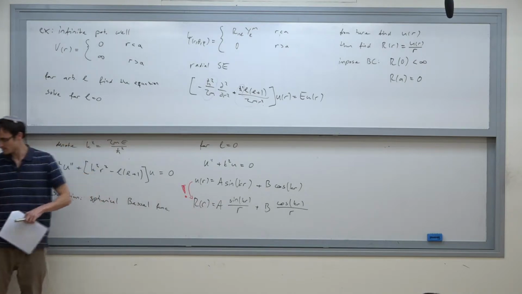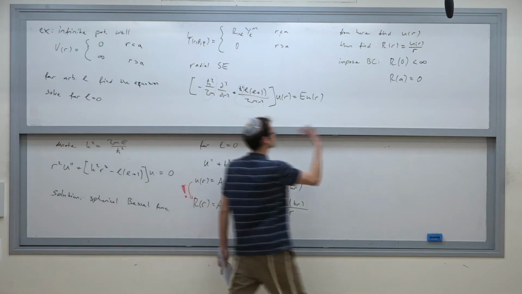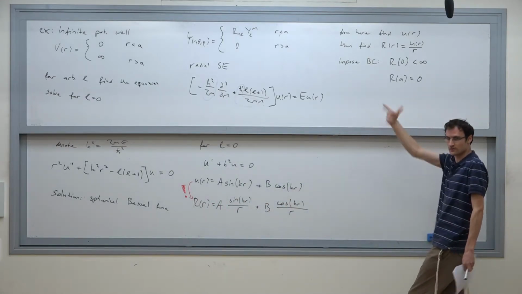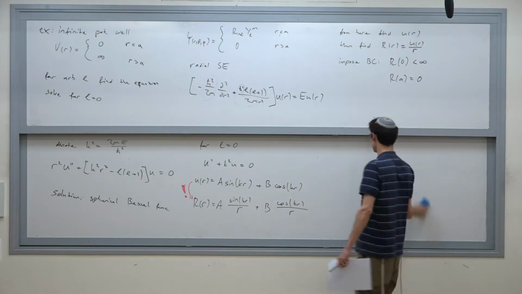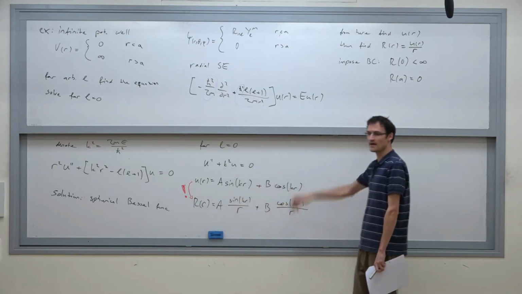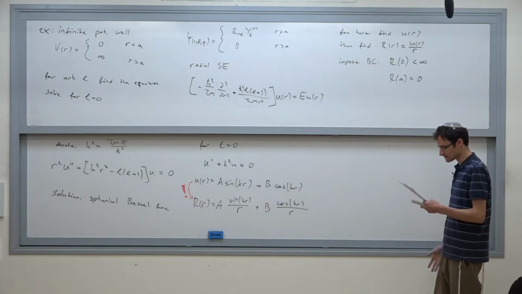Boundary conditions must be imposed on the physical function because the boundary conditions are physical. You could, of course, translate your boundary conditions into boundary conditions on u. You could do that as well. I think, though, it's easier and more intuitive to write out the actual physical function, and then it's easier to think about the boundary conditions. Then they make sense.